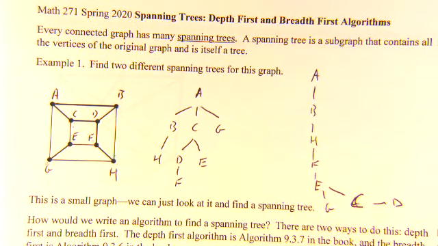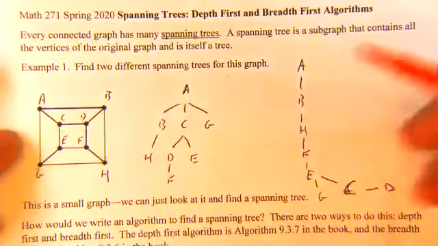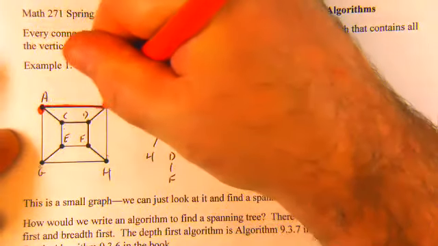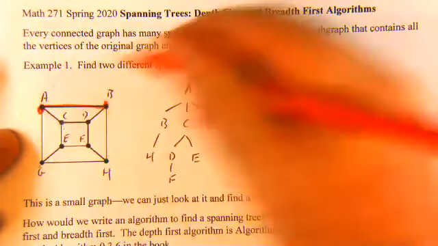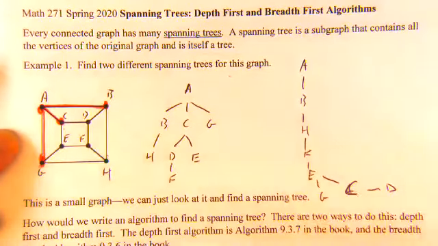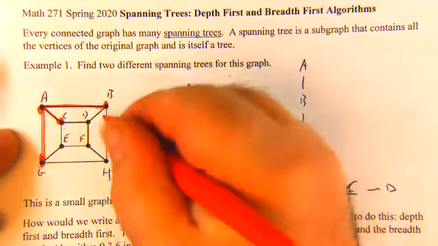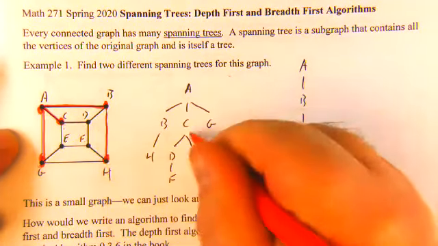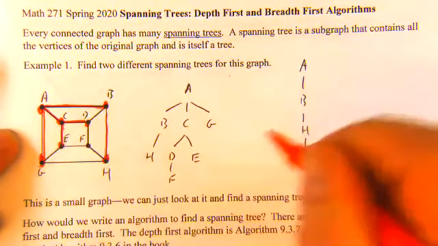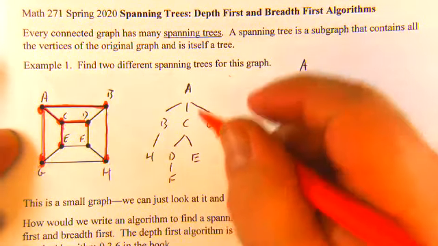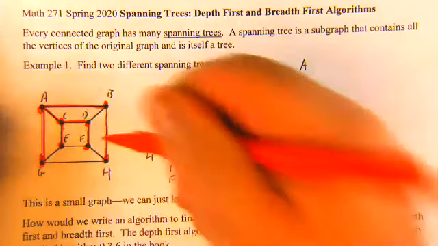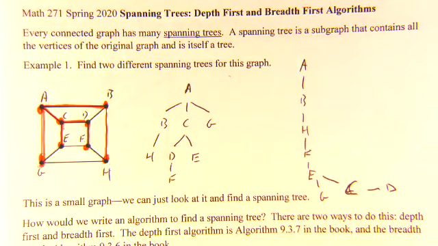Why is it called a spanning tree? Well, if we take this one, we started at A, we included B, C, and G. From B, we include H. From C, we included D and E. And from D, we included F. And so there in red is our spanning tree.